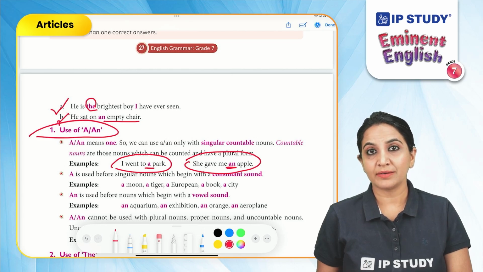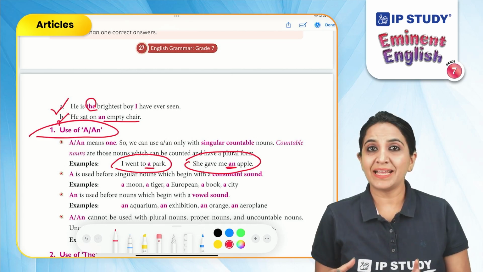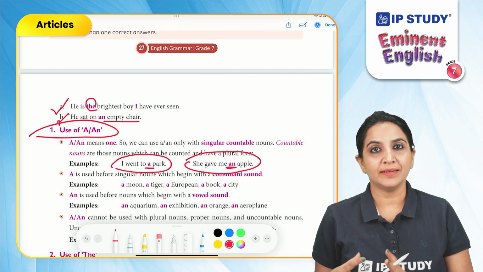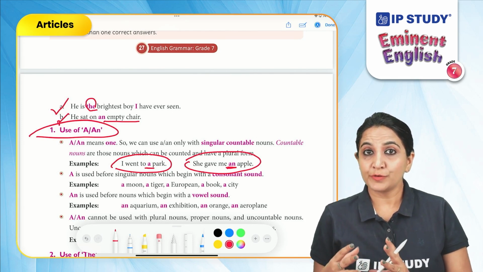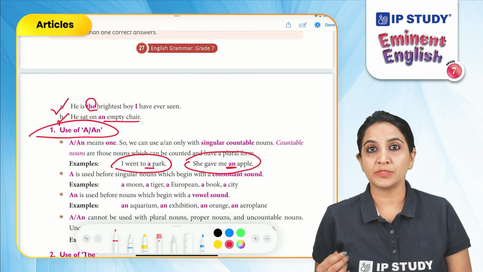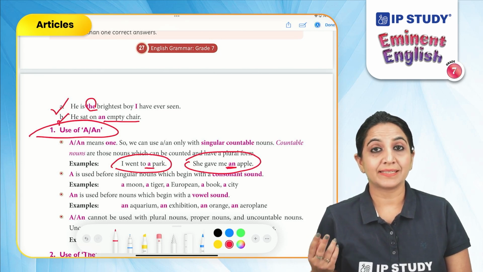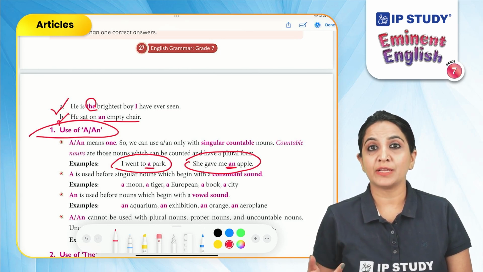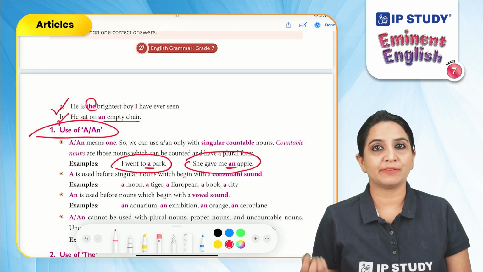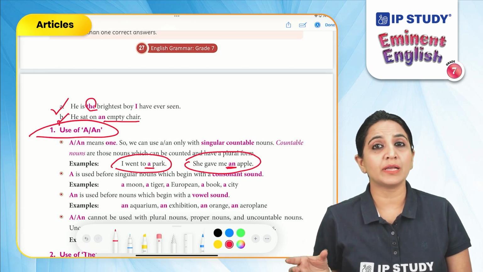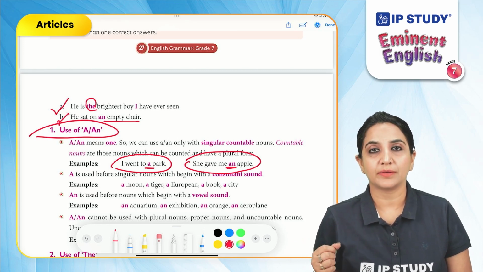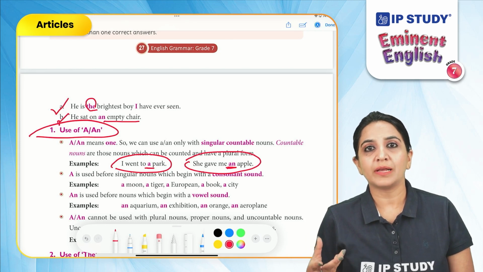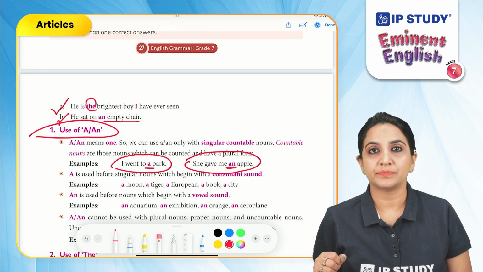A boy, a girl. Now let's study article a in detail. First of all, a is used with a singular noun. Secondly, when you are referring to something which is indefinite, that means you're talking about a park, but which park? You're talking about a museum, but which museum?